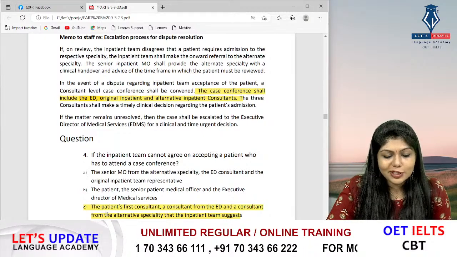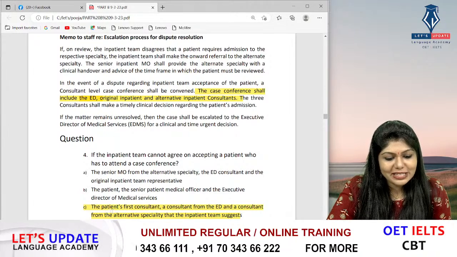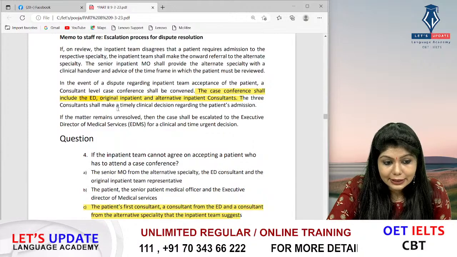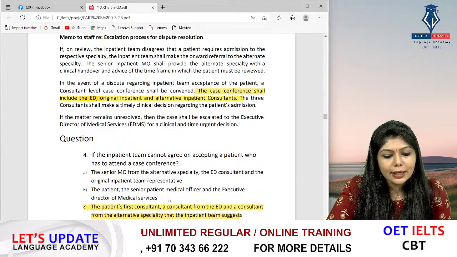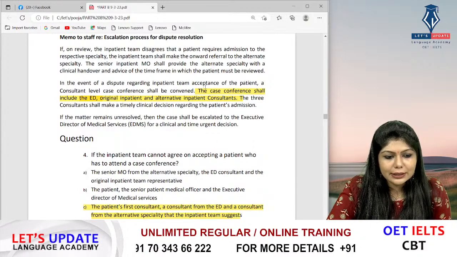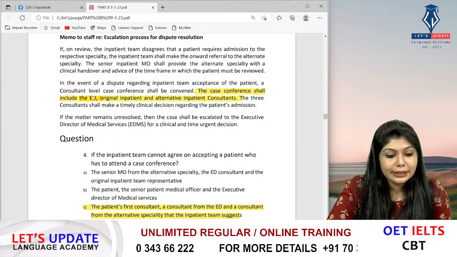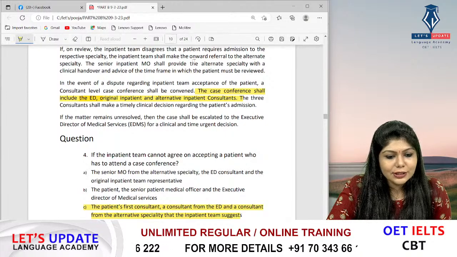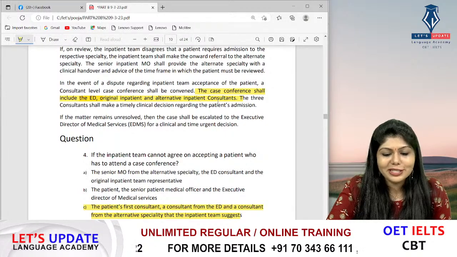So that is what is mentioned in C. Also, the patient's first consultant, that is the original inpatient consultant, as mentioned here. Then a consultant from the ED, that is also mentioned here, and a consultant from the alternative specialty. That is what they have mentioned as the alternative inpatient consultant.